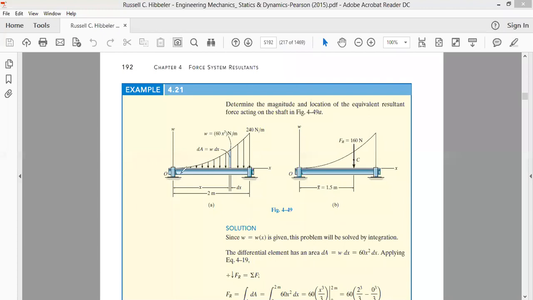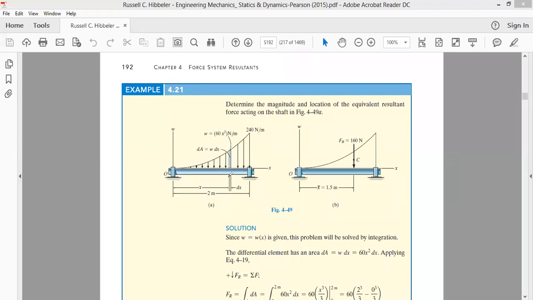Whatever the loading condition, in order to find its resultant, always find the area under the load diagram. The area under the load diagram will give us the resultant force.